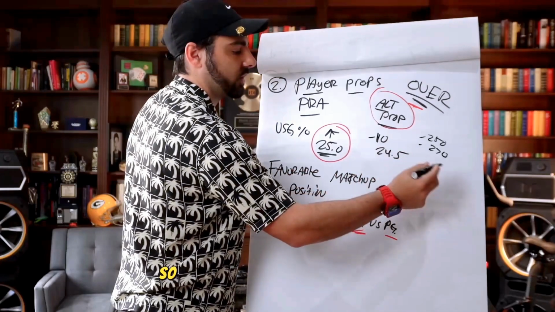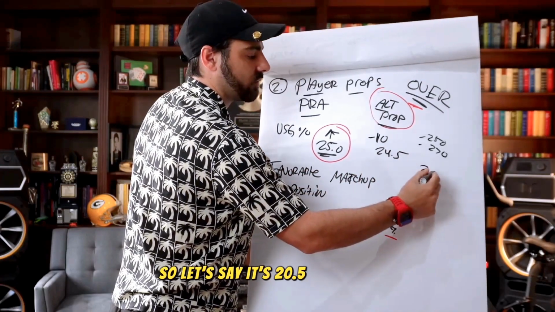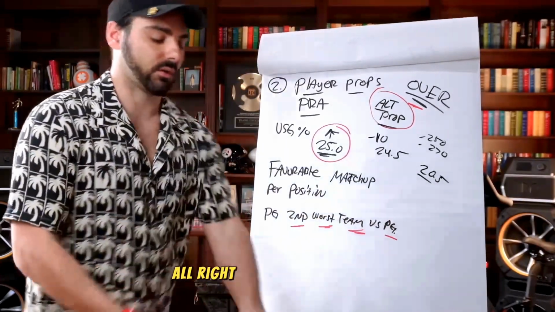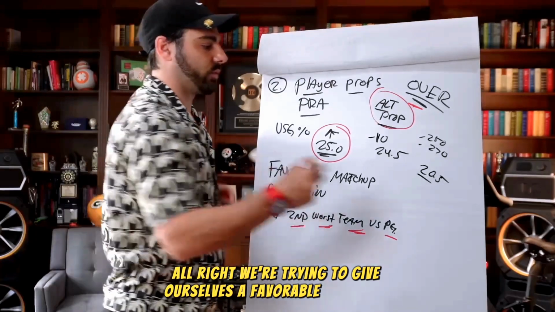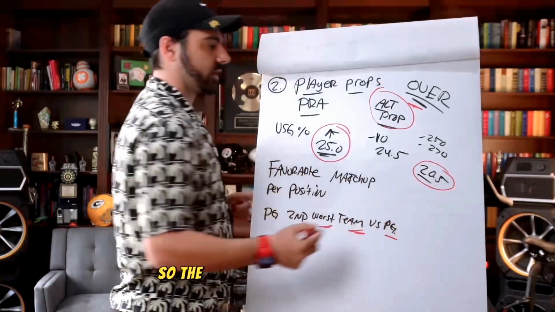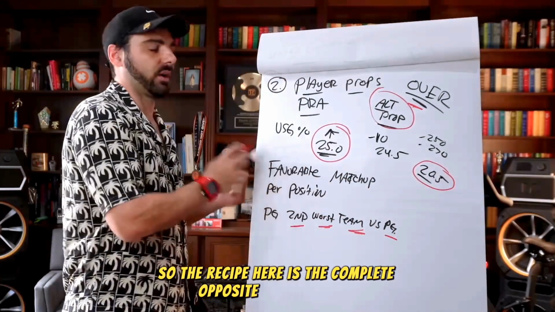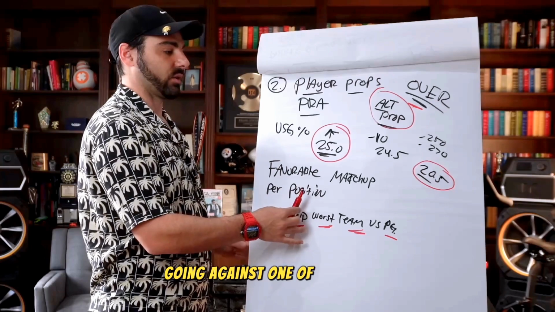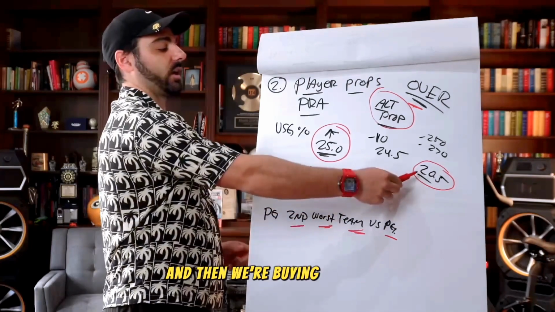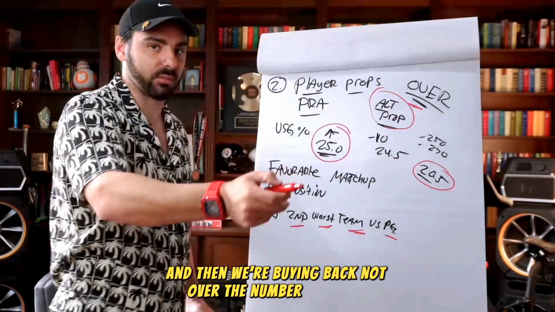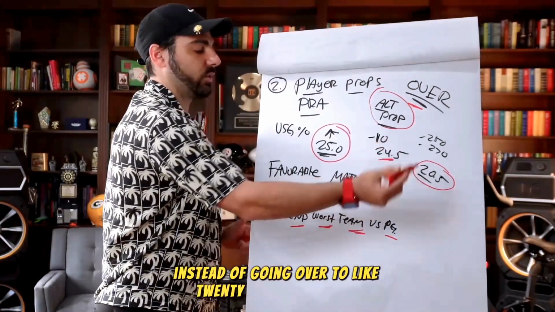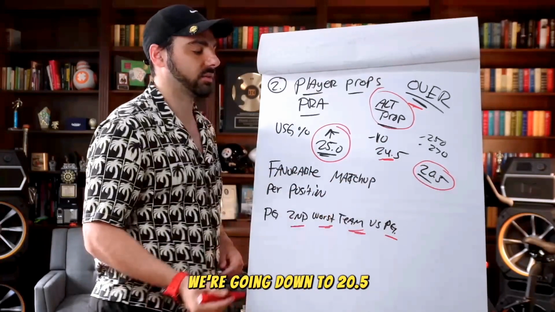So let's say it's 20.5. That's what we're looking for here. We're trying to give ourselves a favorable shot. So the recipe here is the complete opposite of the unders. What we're looking for is high usage rate going against one of the worst teams to guard the position, and then we're buying back, not over the number. We're buying backwards from here. Instead of going over to like 28.5, we're going down to 20.5.